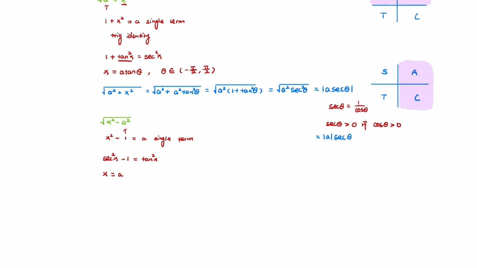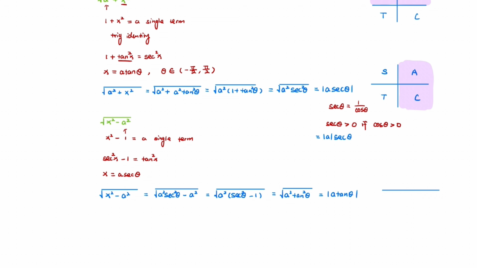So let's set x as a secant theta. Then x squared minus a squared becomes a squared secant theta squared minus a squared. Factor out a squared: a squared times secant theta squared minus 1, which is a squared tangent theta squared, and that's the absolute value of a tangent theta.